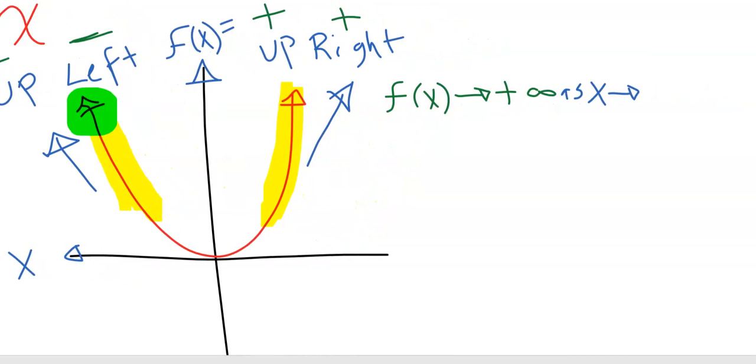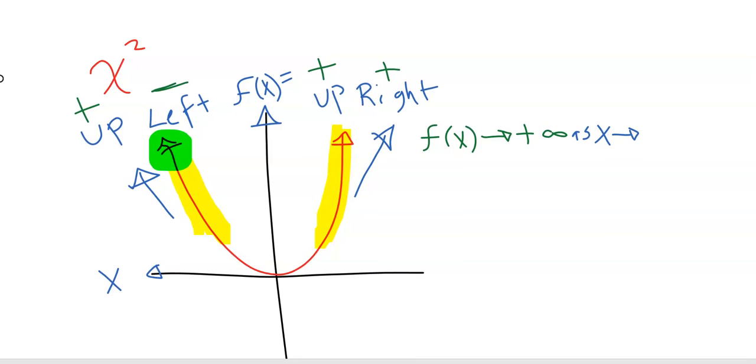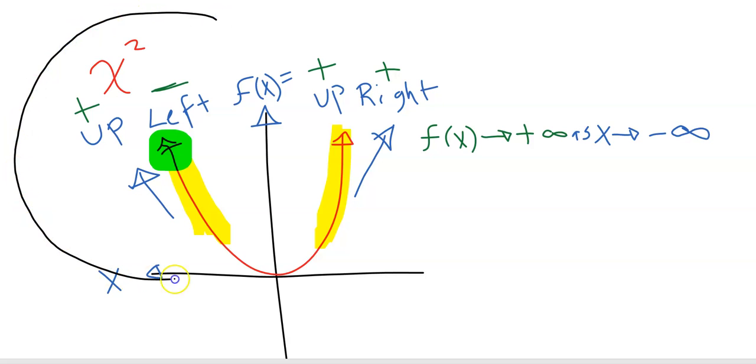Let me slide this over a little bit. All right, so as this graph goes up forever, it also goes left forever, and we're calling that negative infinity. So now I am just looking at this left side of the graph right here, it goes up and left. That's the first thing I'm going to describe.